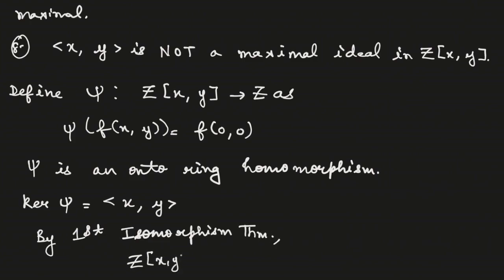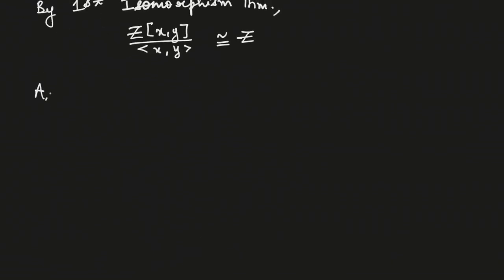So Z[x, y] upon the ideal (x, y) is isomorphic to Z, and Z is not a field.